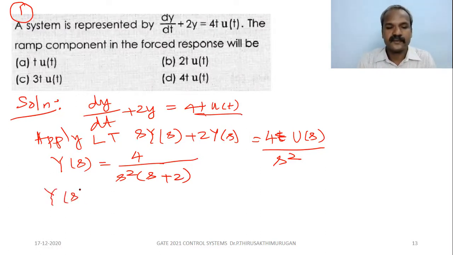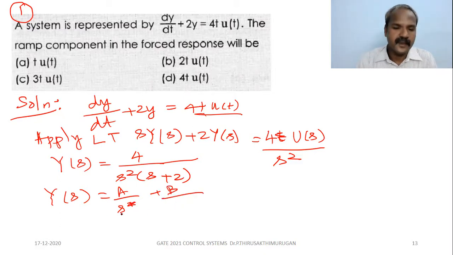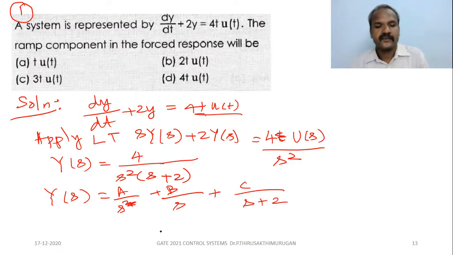We can write Y(s) equal to A by s square plus B by s plus C by s plus 2. Apply the partial fraction method, then find the coefficients A, B, C.